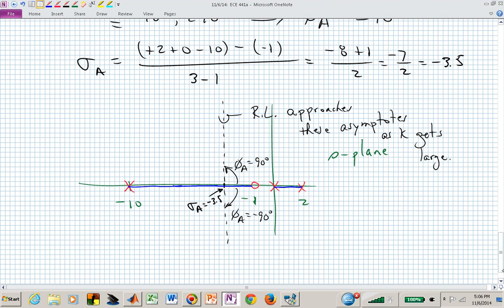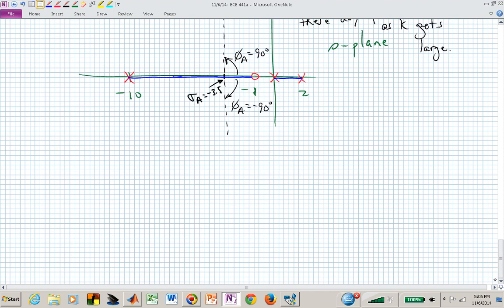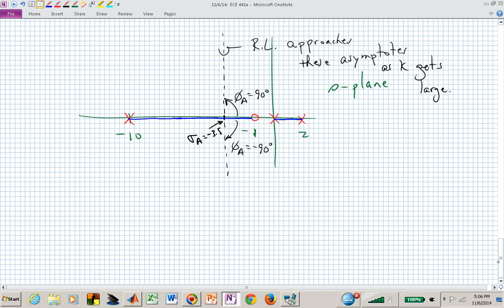Right now I'm not even going to sketch those branches that somehow start approaching those asymptotes for large values of gain k. I can indicate that my root locus branches will behave in these directions on that real line segment.